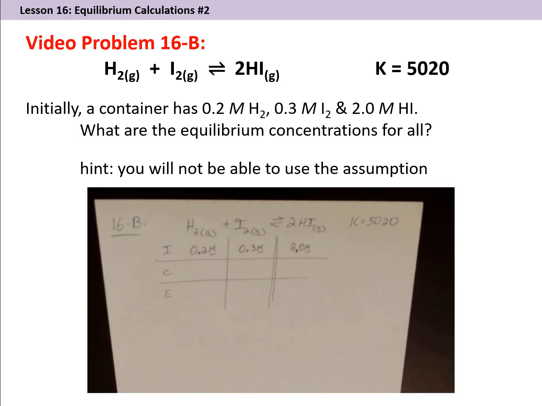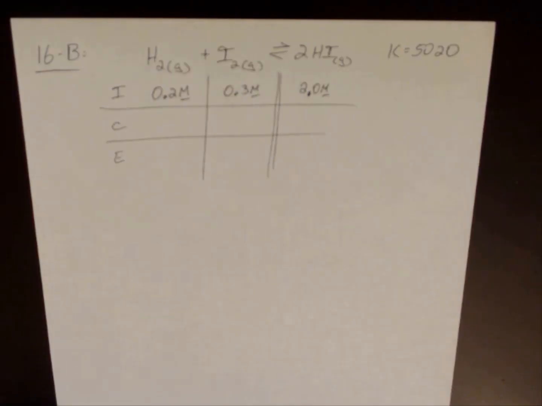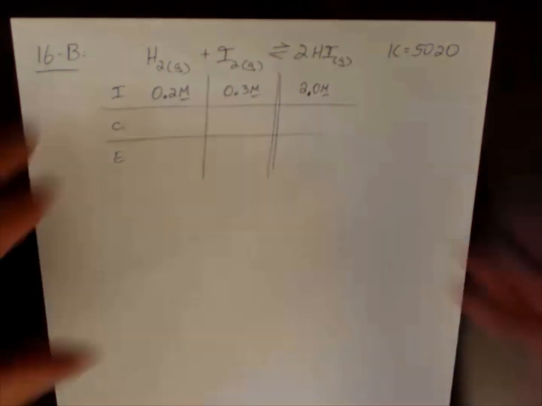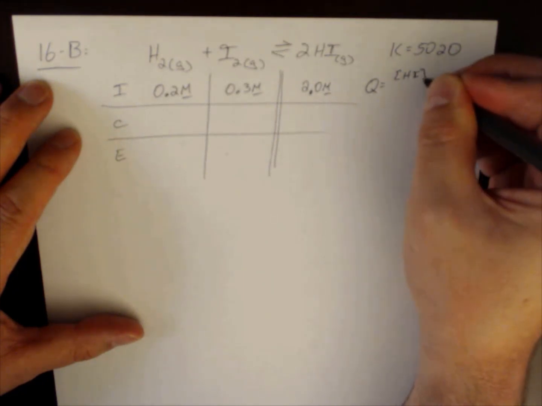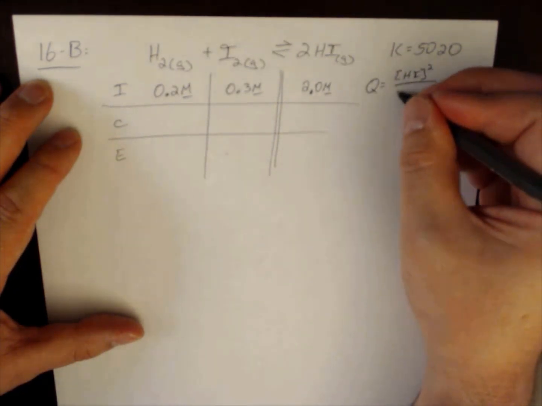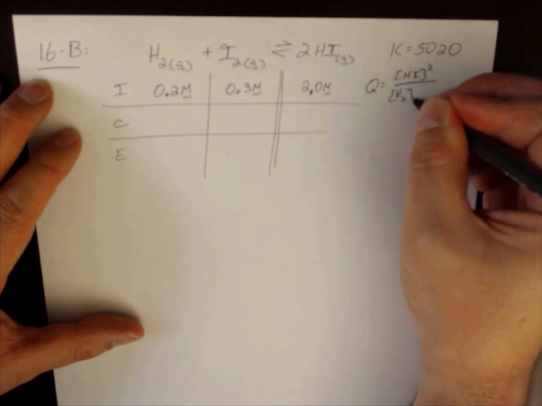So next I want to plug these in for my Q. My Q will be HI squared over H2 times I2.